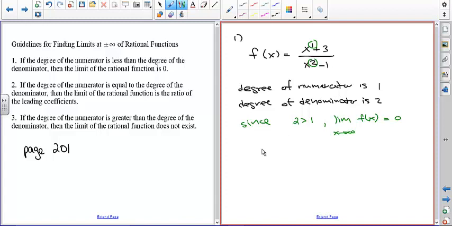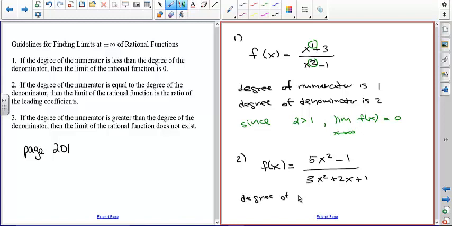Okay, next case. f of x equals 5x squared minus 1 divided by 3x squared plus 2x plus 1. So in this case, the degree of the numerator is 2, and the degree of the denominator is 2.